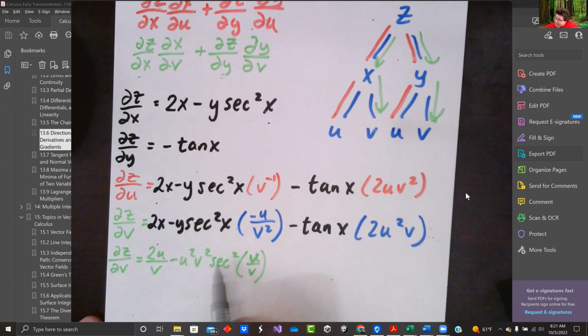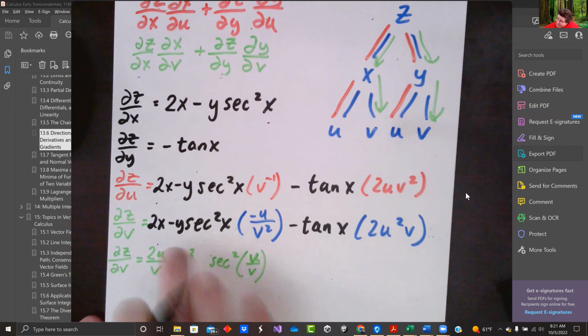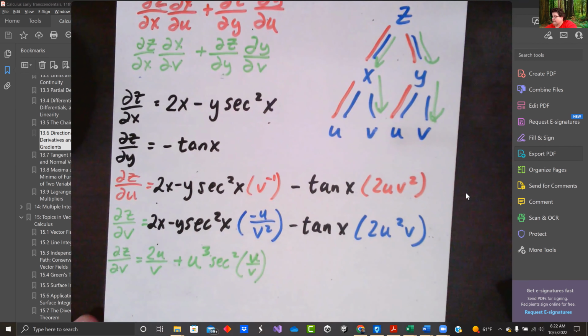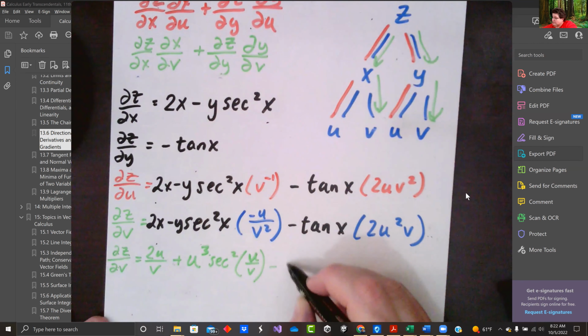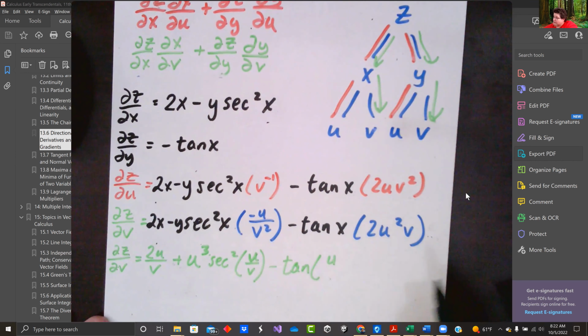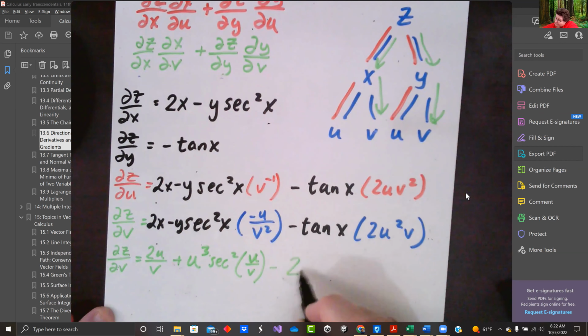So the v squareds cancel out. Look at that. So that'll cancel out that, and I'll have another u, which would make that a positive u cubed. Maybe since those are just coefficients or polynomial, I'll do it like that.